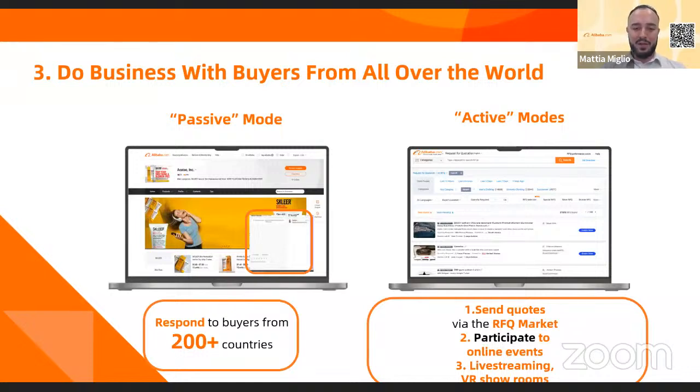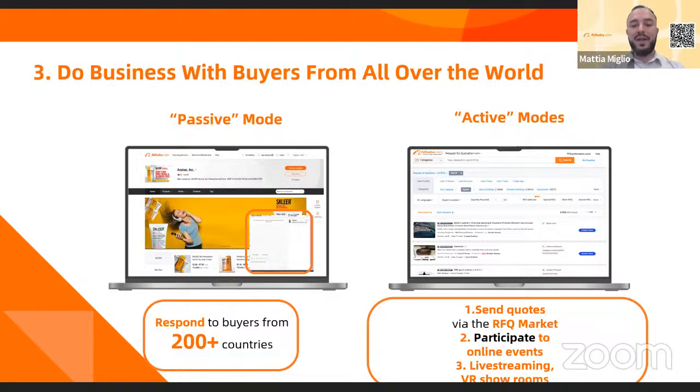Our platform, as I mentioned, is a lead generator platform because the negotiation can be done within our platform or outside the platform. You will be able to interact with buyers in a passive mode and in an active mode. In the passive mode, you will have to respond to buyers from 200 countries and regions.